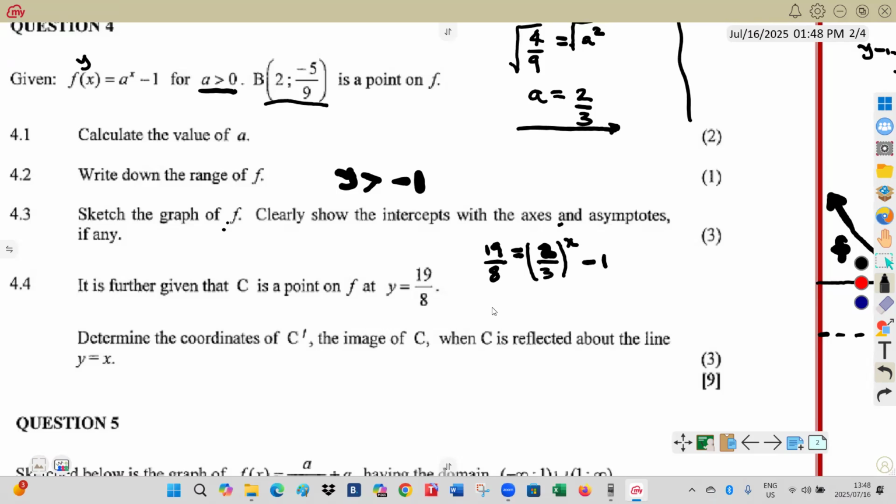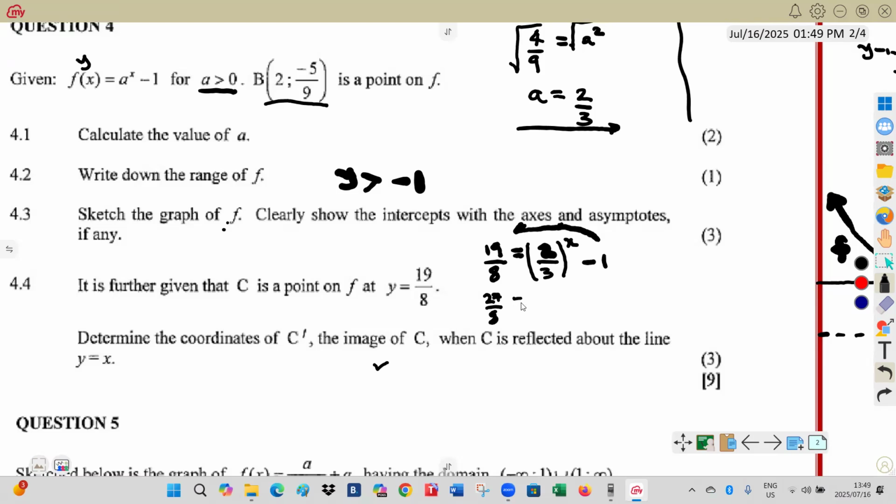So we end up having 27 over 8, that is after transposing that 1 to that side.